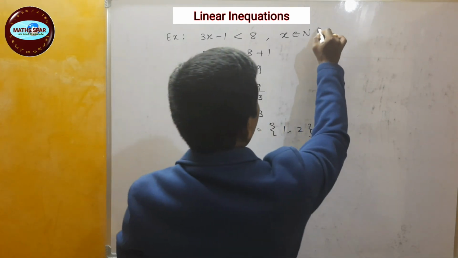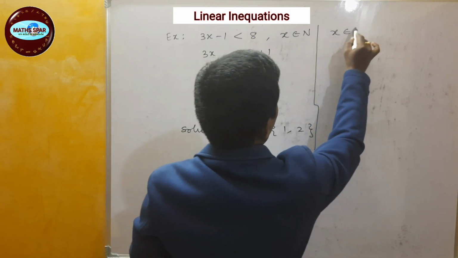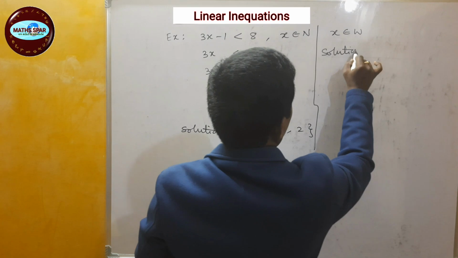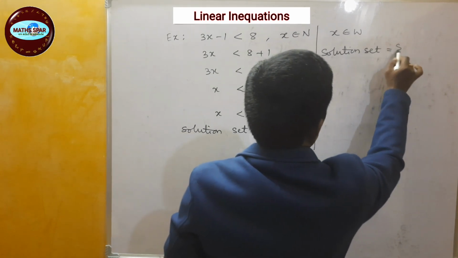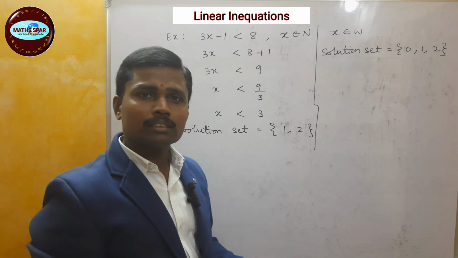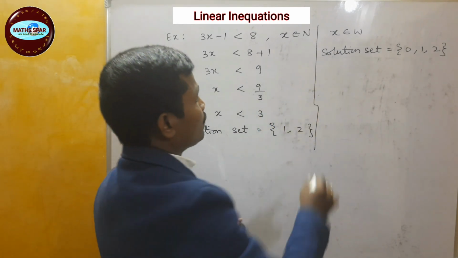Say for example the same question is given for whole numbers, then the solution set will be 0, 1, 2 because whole numbers begin from 0.